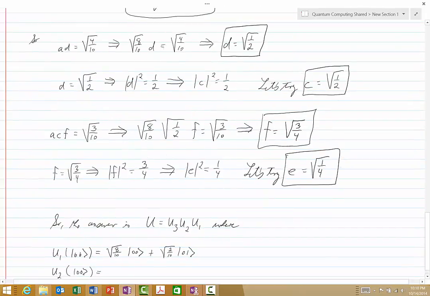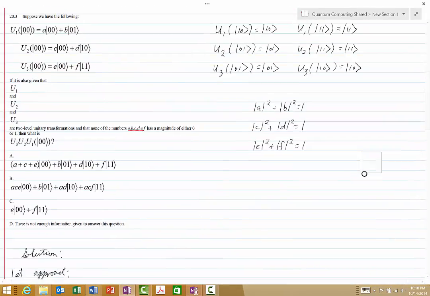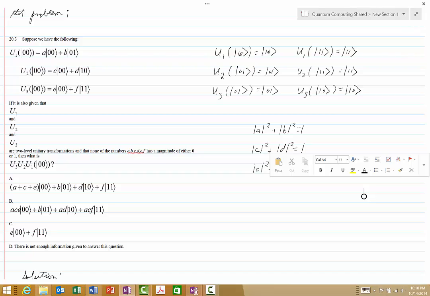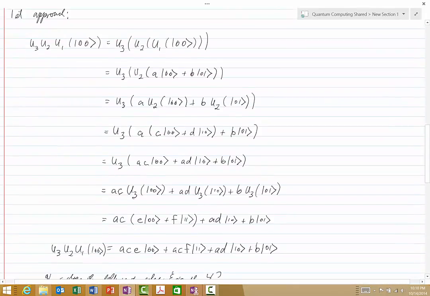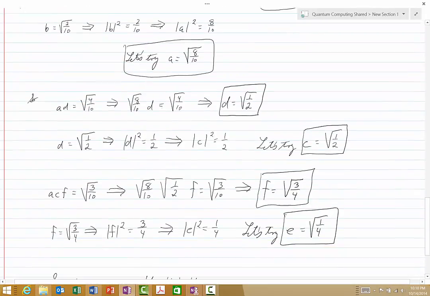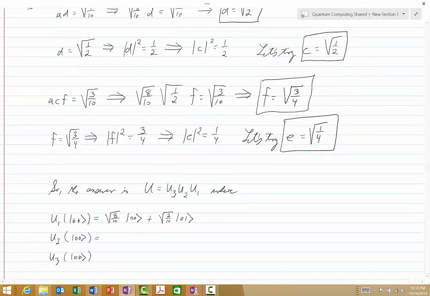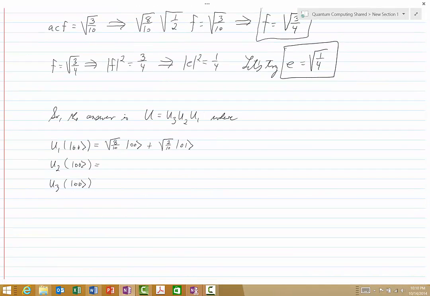U2 of 0, 0 is C 0, 0 plus D 1, 0. C is square root of 1/2. D is also square root of 1/2. So we have square root of 1/2 0, 0 plus square root of 1/2 1, 0.